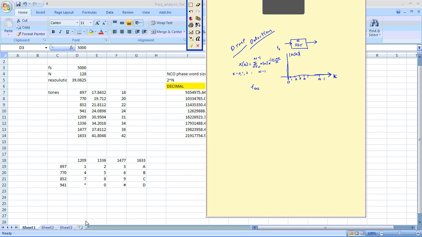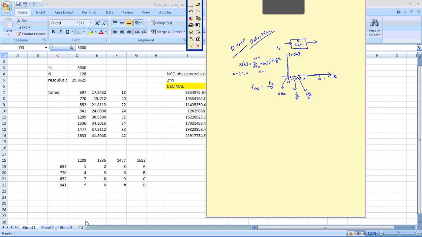Frequency resolution in FFT is Fs divided by N. It is the variation in frequency that you are able to resolve or observe. If this bin corresponds to 0 hertz, then the next corresponds to Fs divided by N hertz, the next to 2 into Fs divided by N hertz.